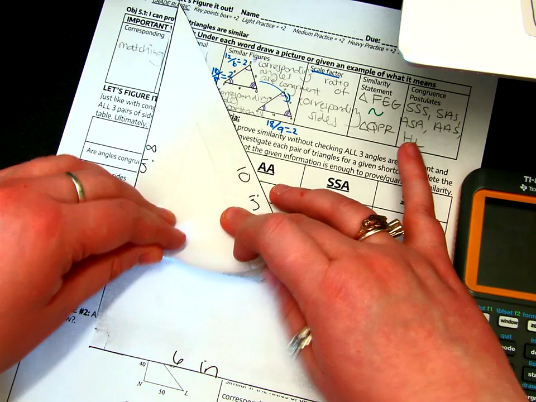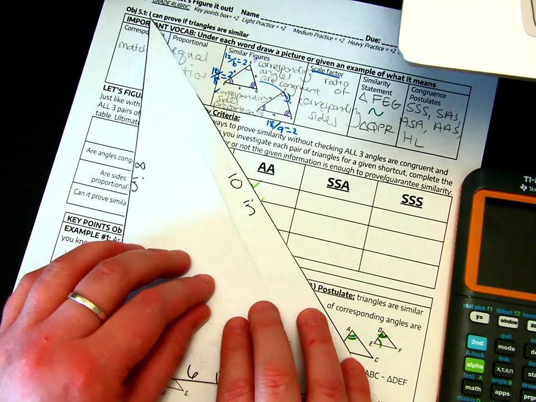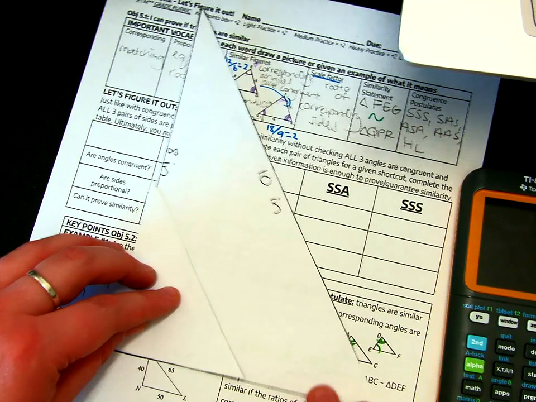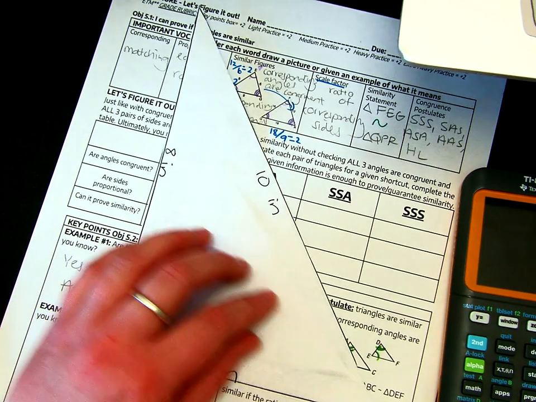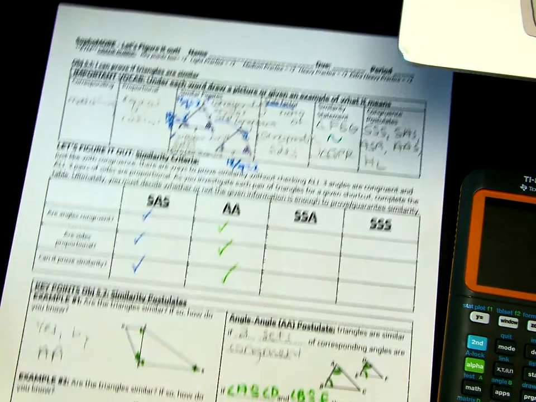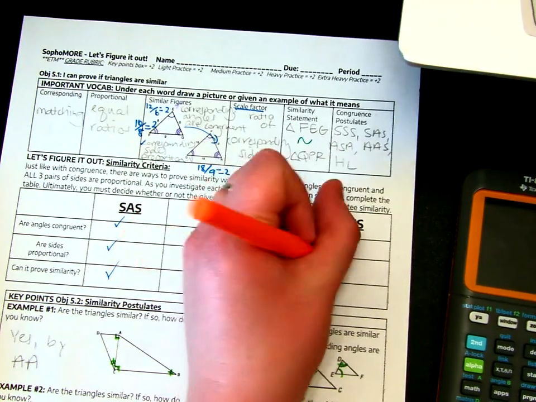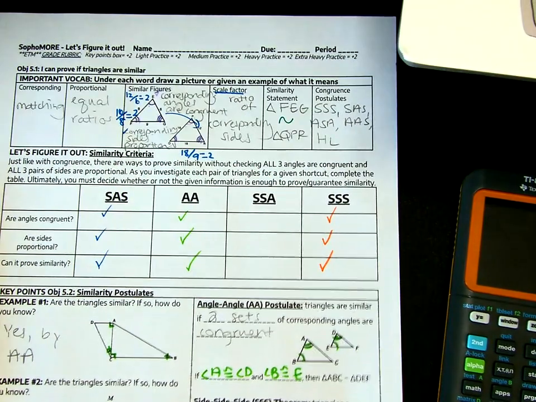Then 3 to 6 is a scale factor of 2. So the sides are proportional, and then look what happens with the angles. The 3 angles are congruent. Yeah, that actually meets the criteria of similarity, where angles are congruent and sides are proportional, so we end up with 2 similar figures.